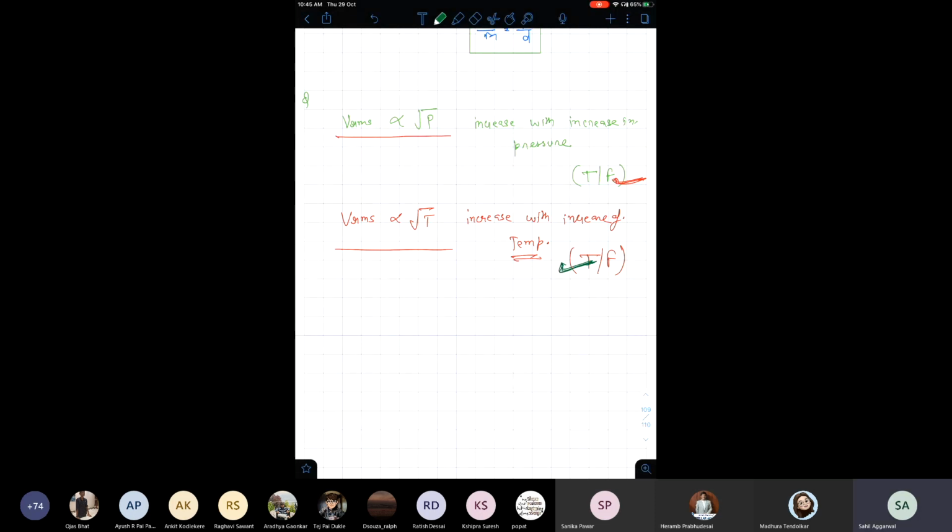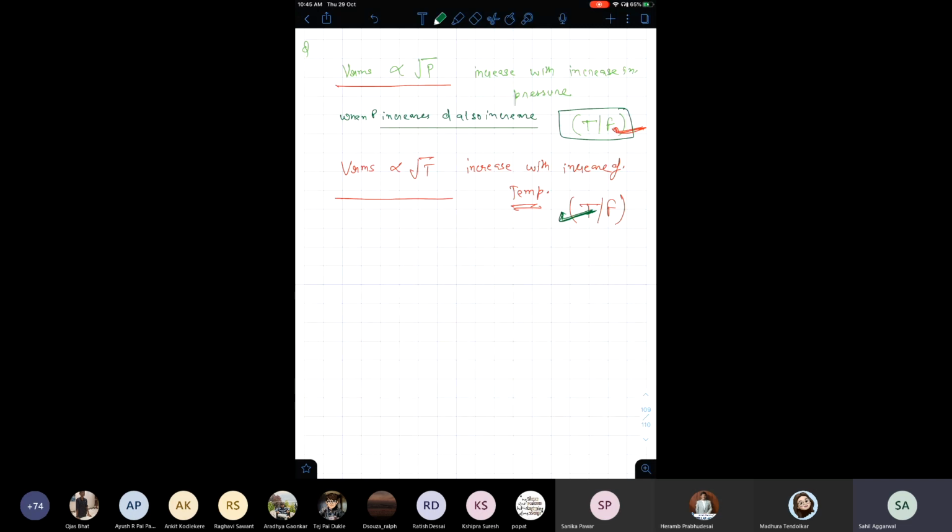So I want you to remember this. When pressure increases, density also increases. So net change will be zero. ठीक है.